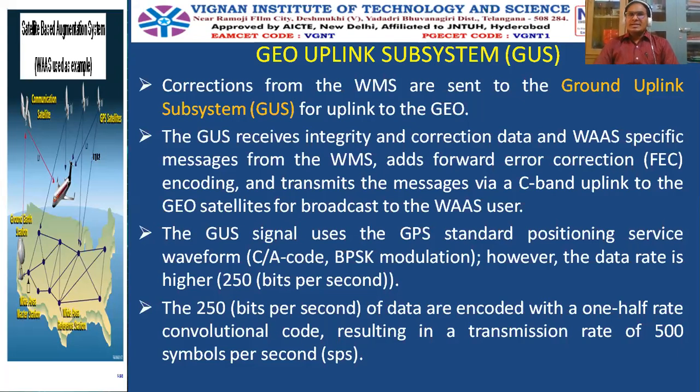And this will use a data rate of 250 bits per second at a symbol rate of 500 symbols per second, in contrast to the 50 bits per second of the normal GPS modulation technique. Just have a comparison.